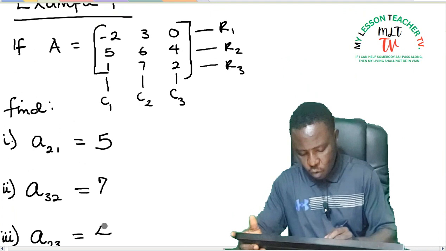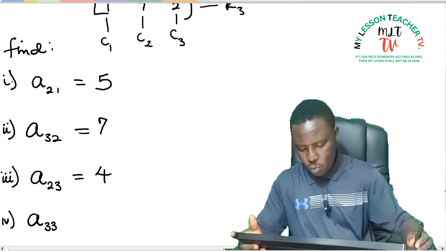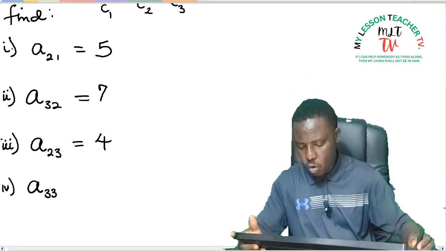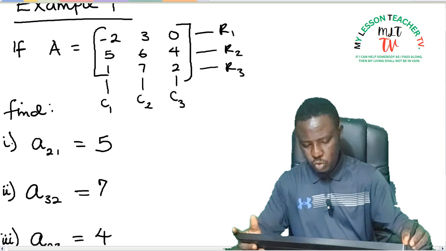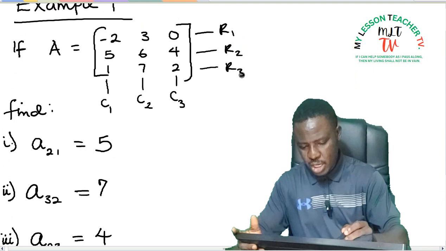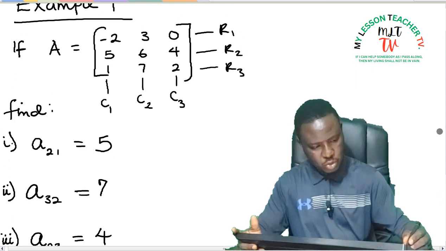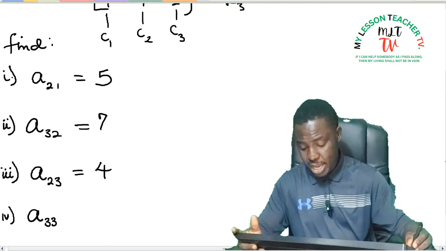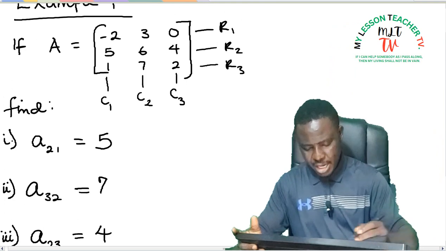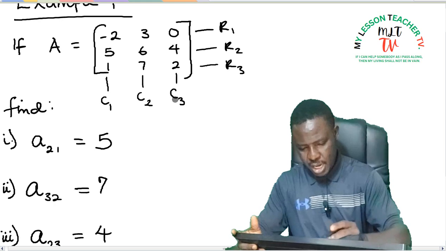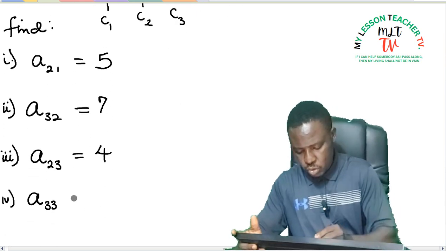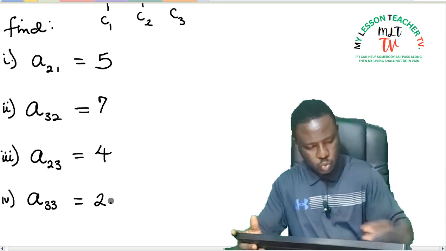So it is 4. While number 4, we have a33, that is row 3, column 3, and that is 2. So this is equal to 2.